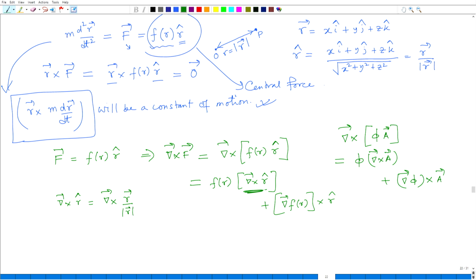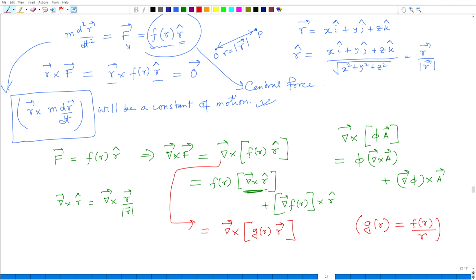You can modify the whole thing by introducing a vector term here, or you can do another smart thing right from this step: write curl of f(r) r cap as some g(r) times r vector, where g(r) is nothing but f(r) by r.